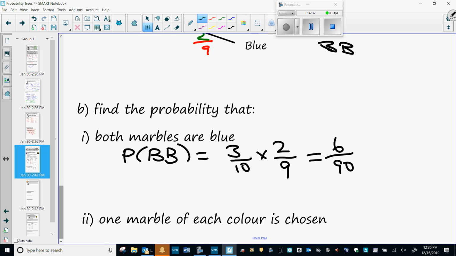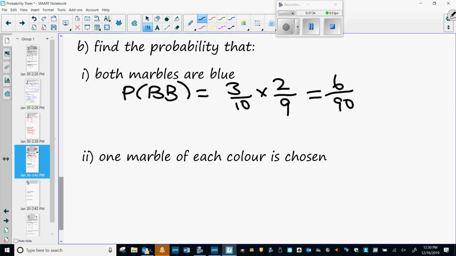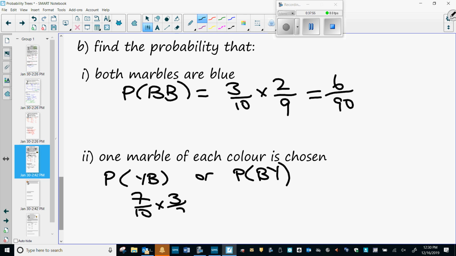Right, one marble of each colour is chosen. So here, we've got the probability of yellow, blue, or probability of blue, yellow. Yellow, blue is 7/10 multiplied by 3/9. Or means plus. Blue, yellow was 3/10 multiplied by 7/9.